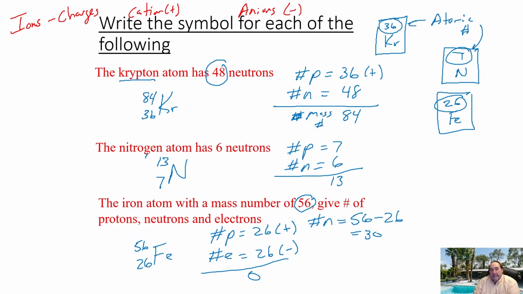So let's just take a couple of these examples that we just did. Let's do a nitrogen with a -3 charge. It still has the mass number 13 and the atomic number is 7. So when we look at this, the number of protons in this case will be 7.